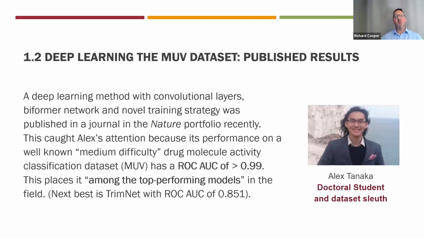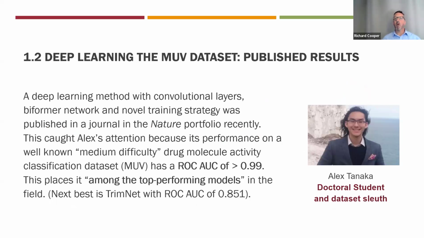Okay. Second example. This was uncovered by a doctoral student who's working with us at Oxford Drug Design. He's a mathematical student, and this got flagged up because someone was reviewing a paper that we wrote, and we'd claimed a certain accuracy, and they'd said, "Oh, well, haven't you seen this latest paper?